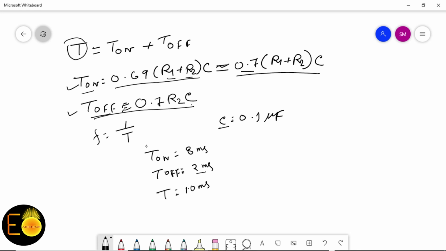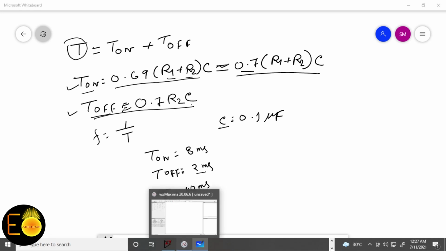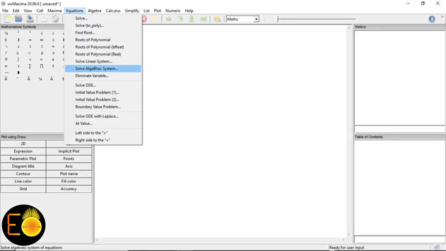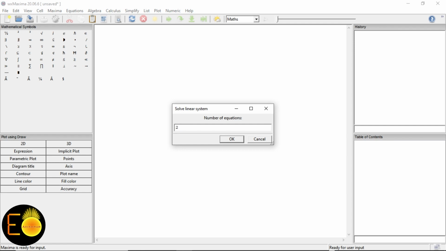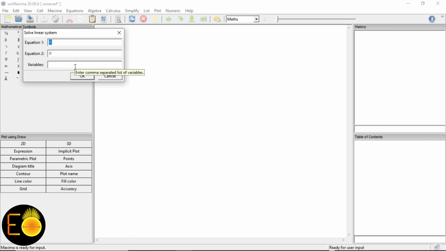Anyway, here I'm going to use these two equations, and now I'm returning back to Maxima. So, solve linear equation. Right now I have two linear equations. One is 0.7 times (R1 plus R2) times 0.1 E minus 6 farad, which I have assumed, and this is the on time, the longer one, 8 E minus 3, 8 millisecond.